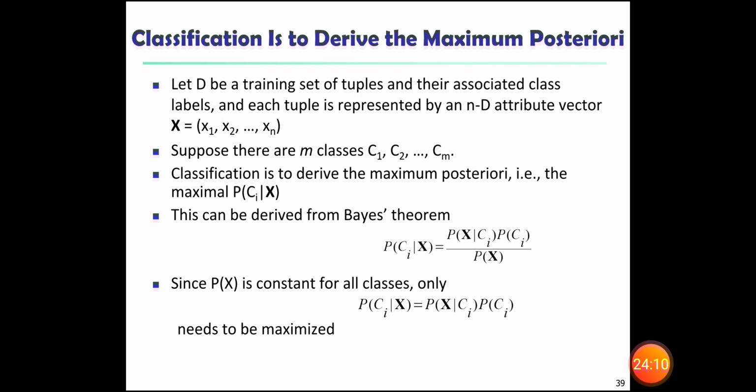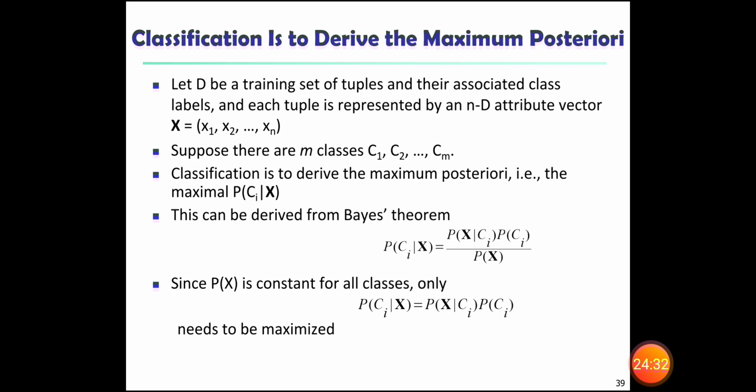Classification is to derive the maximum posteriori. See here, let D be the training set. We can take a training data set D. There we have a number of tuples and their associated class labels, and each tuple is represented by an n-dimensional attribute vector.